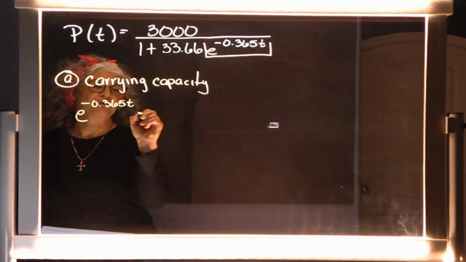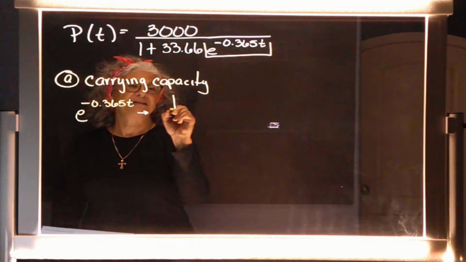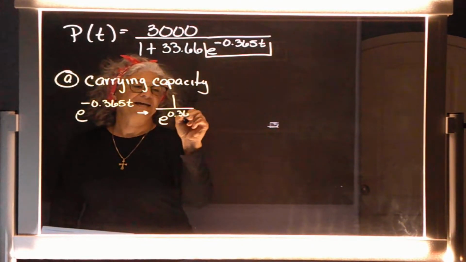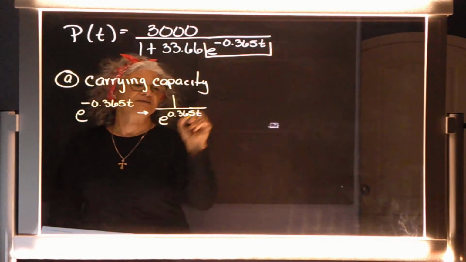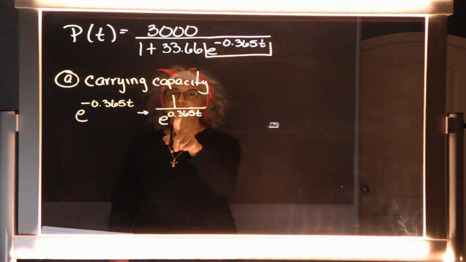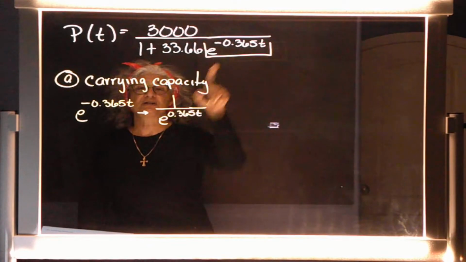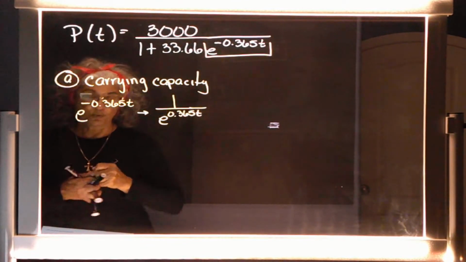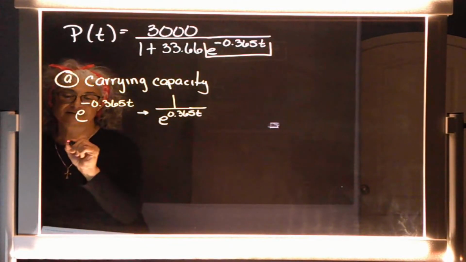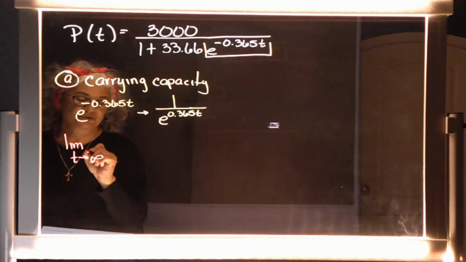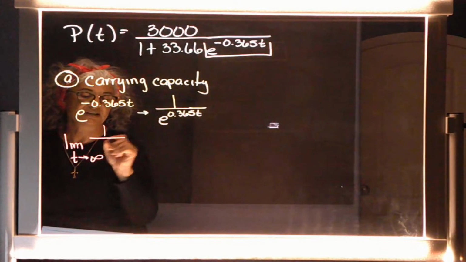That negative power implies that this should be written as a fraction. Agreed? And yes, you're going to have to remember your fractions. So this is really what I'm dealing with, this fraction down here. Now, we are going to look at the limit as time goes to infinity of this particular fraction.